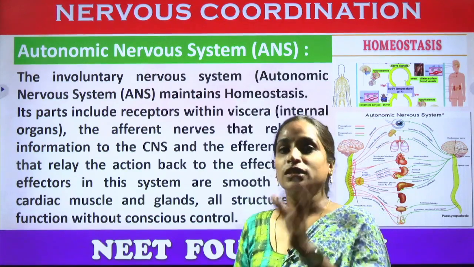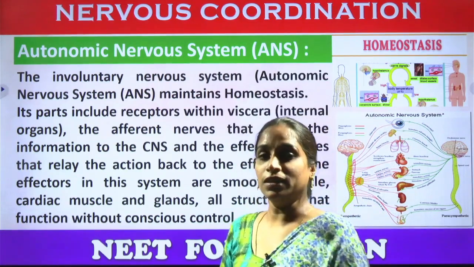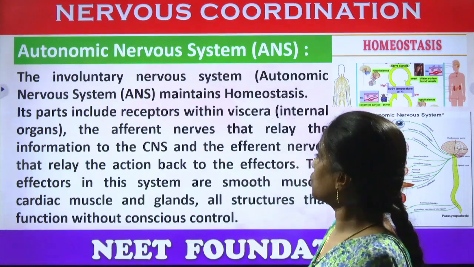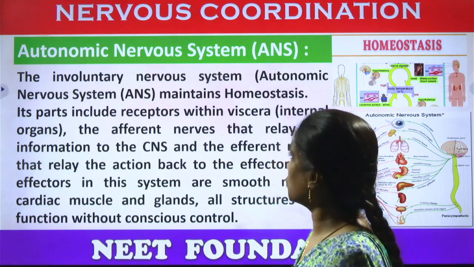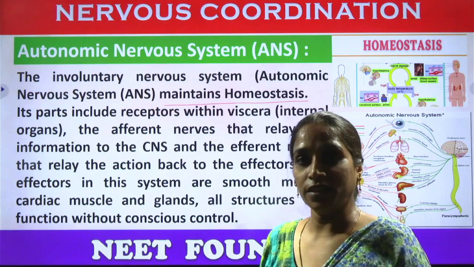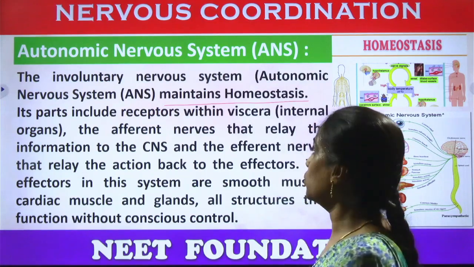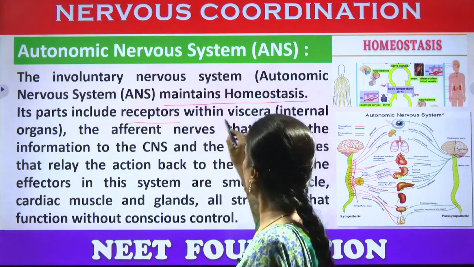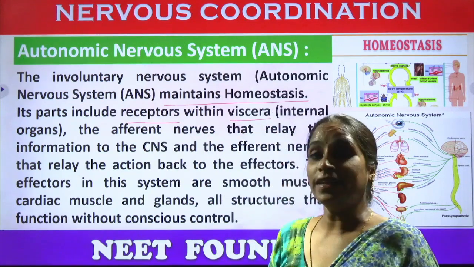Autonomic means the muscles involved here are the involuntary muscles. The involuntary nervous system, nothing but the autonomic nervous system, maintains homeostasis. What does it maintain? Homeostasis. Its parts include receptors within the viscera, nothing but the internal organs.